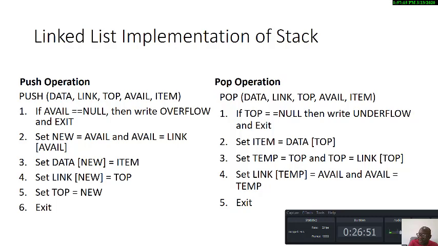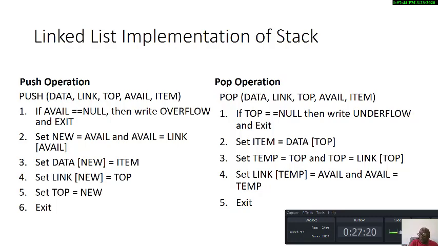Remember, that's a linked list. So the top pointer must point to the next node in the list. Here too is a swapping thing, so you need a temporary variable. We are using temp, just so as not to confuse ourselves with new. So you assign the top to temp, then you assign the link part of where top was pointing to top, so that will remove the node from there.